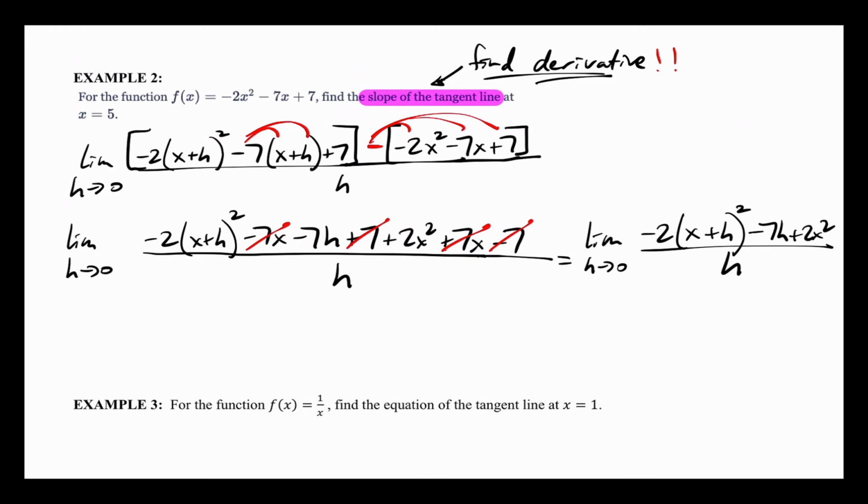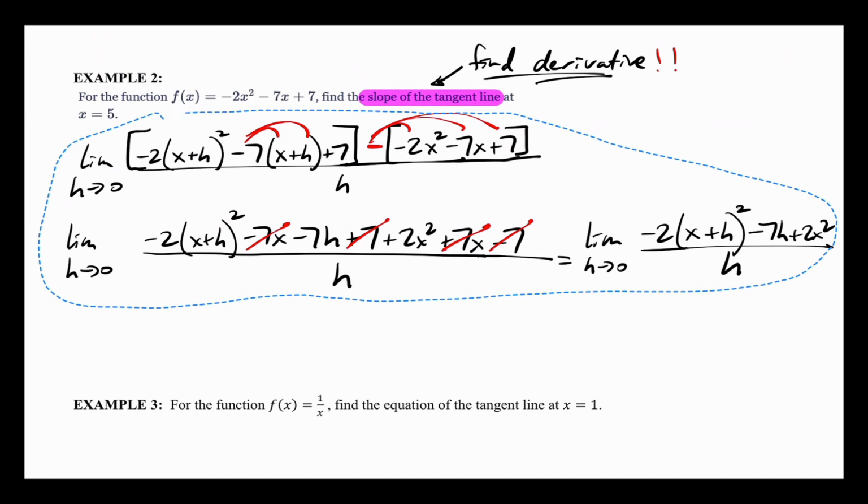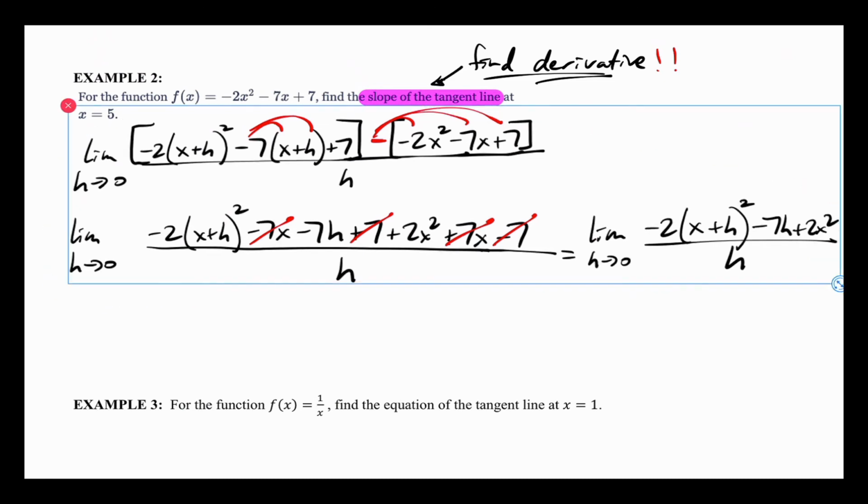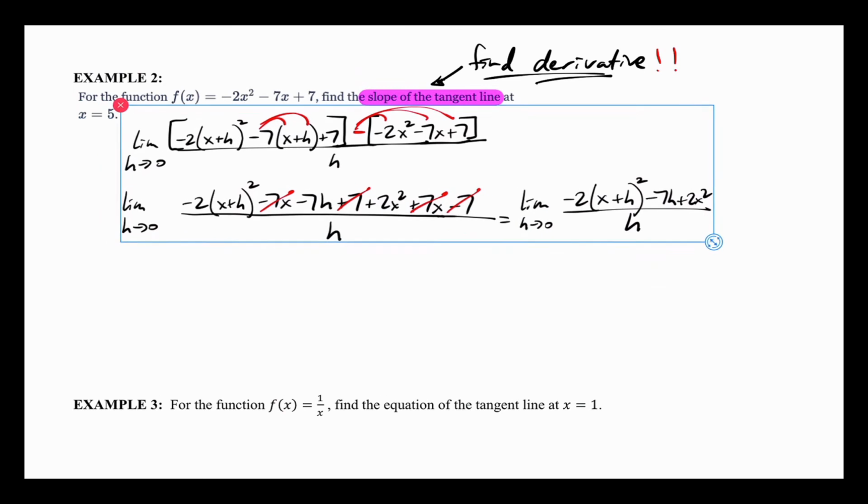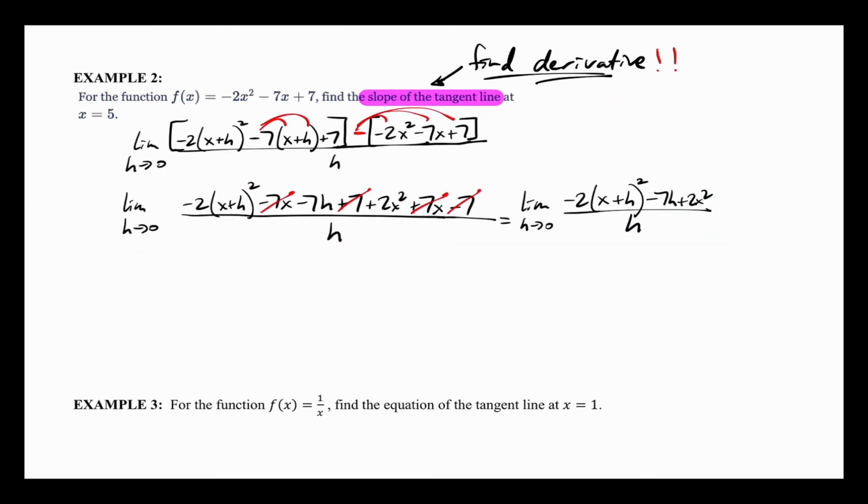See what you get. What do we get when we plug in 0? 0 over 0, right? We're going to get negative 2x squared minus 0 plus 2x squared. That's 0 on top over 0. Okay. So we got work left to do.